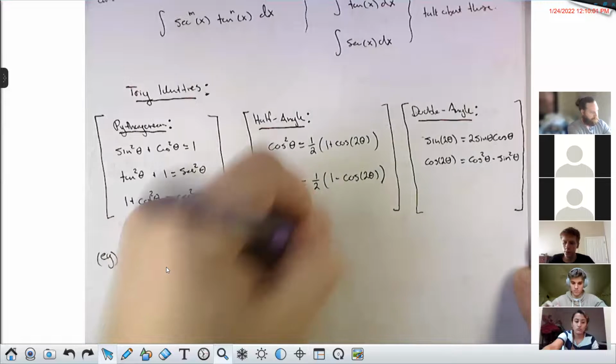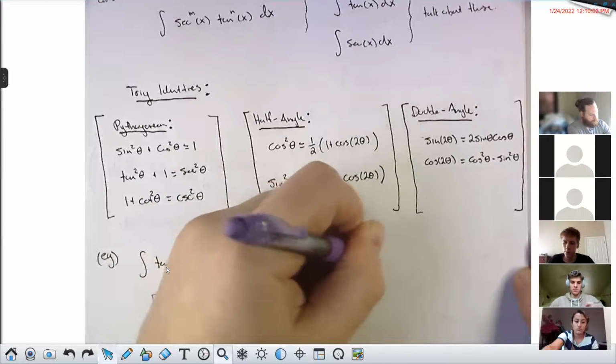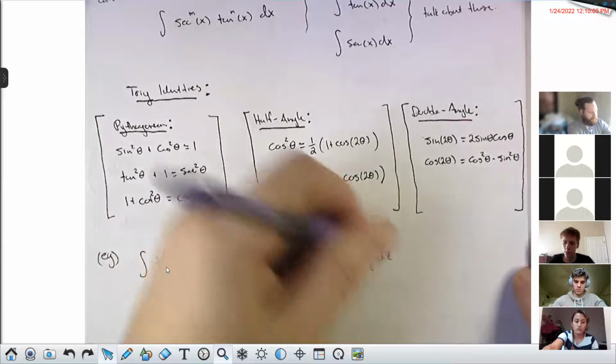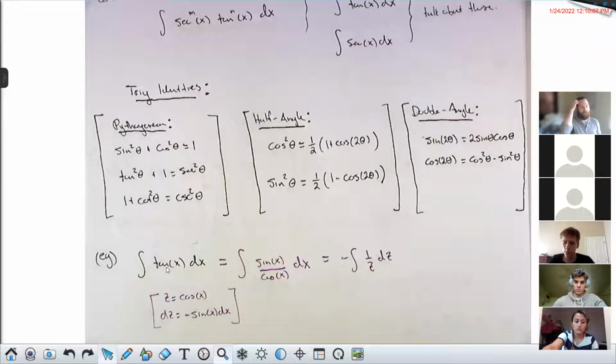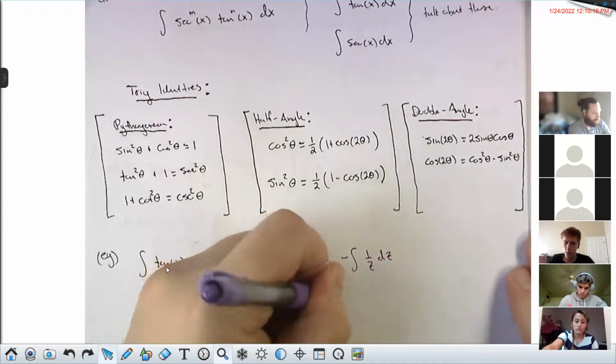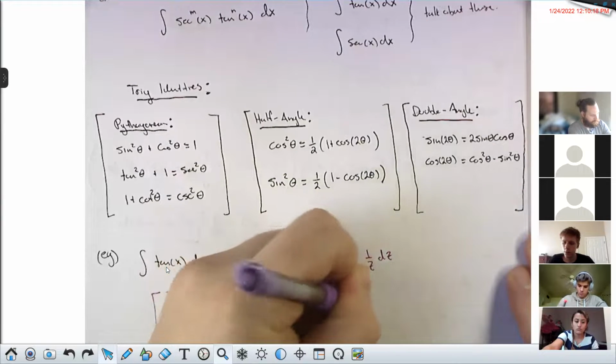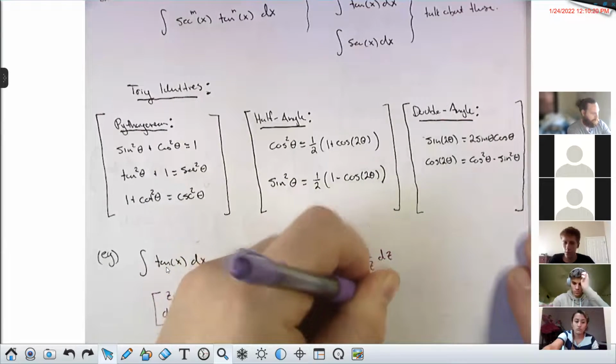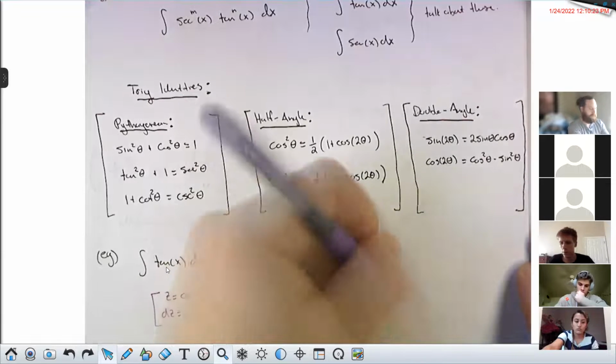So this becomes negative integral 1 over z dz, with that substitution. Which we know is the natural log, negative ln absolute value of z plus c.